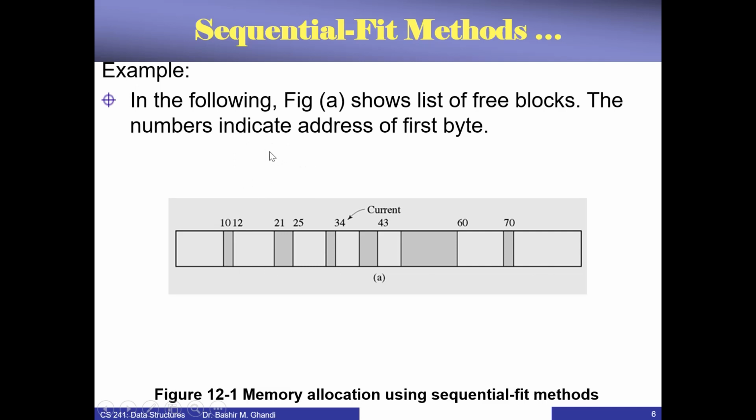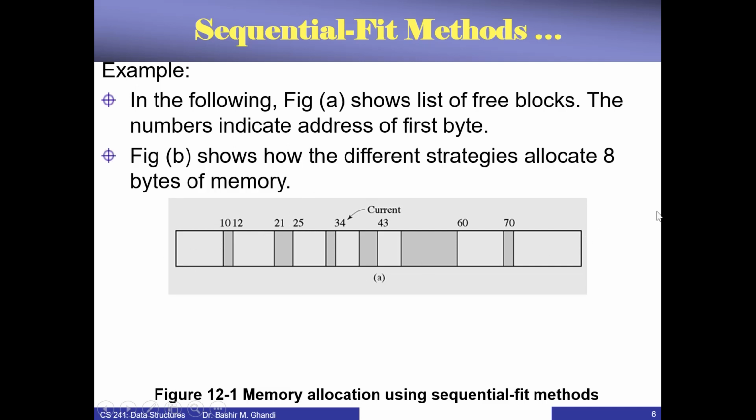Now let us see how each of the 4 strategies that we mentioned in the last slide will work if a request is made based on this configuration. Figure B shows what the different strategies will do in order to allocate 8 bytes of memory.